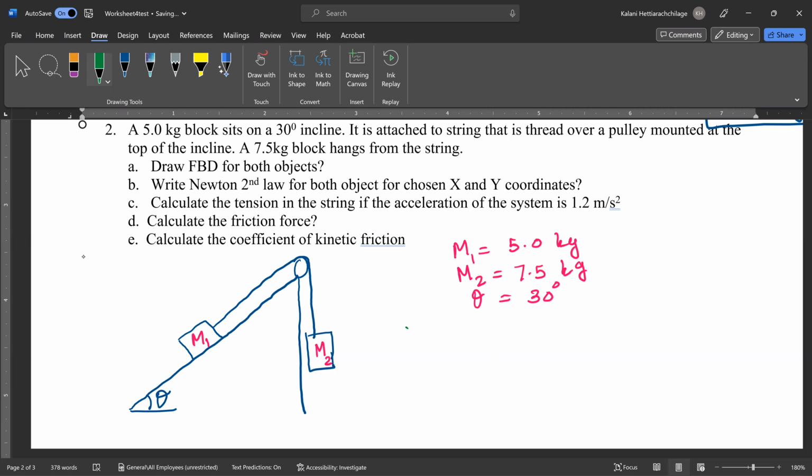So how many forces do we have on m1? We should have a force of gravity. Always draw it at the center of mass of the object. So we have the force of gravity straight down. We already know how to calculate it: that is m1 g, right? In addition to that, since this object is sitting on the inclined plane, there is a normal force perpendicular to the plane.